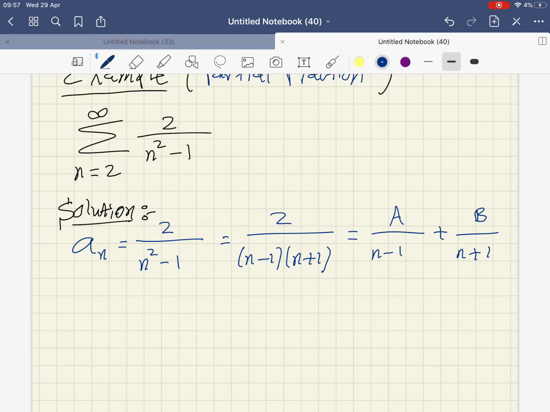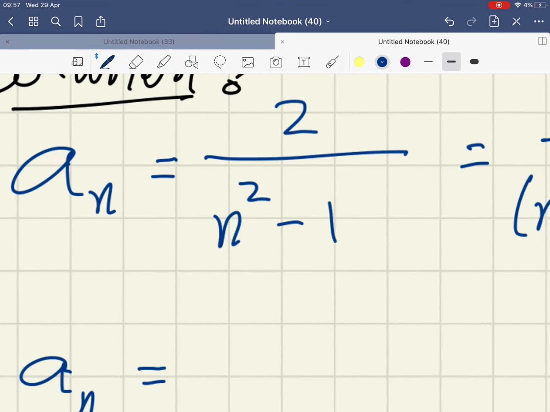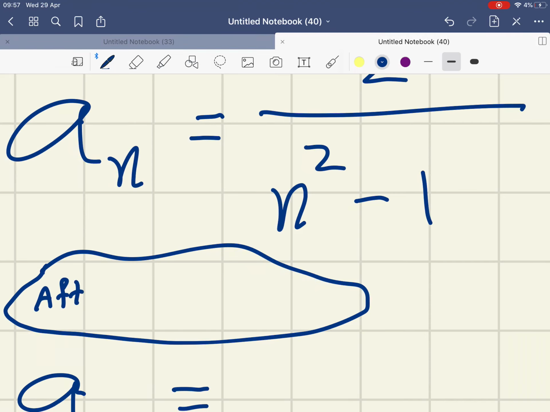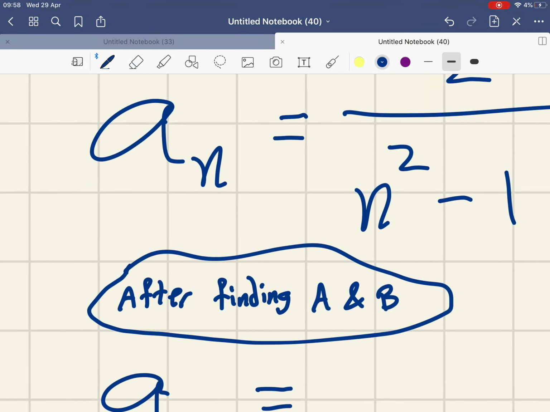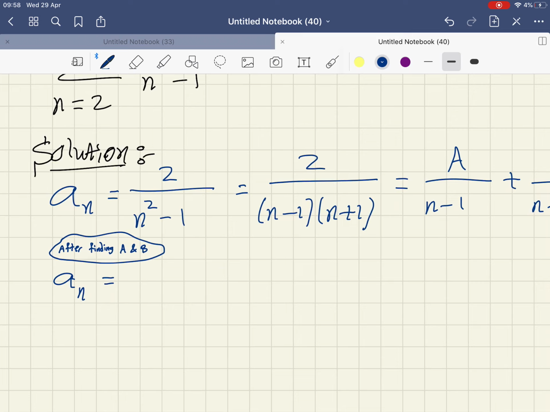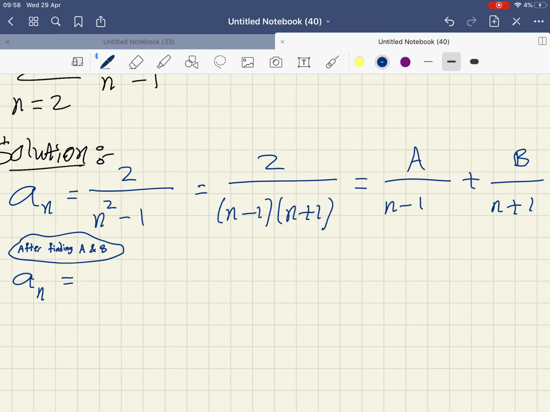Okay. The next step, which you need to do at home, but I will not do it, is to find the value of A and B. Okay, what is the value of A and B?